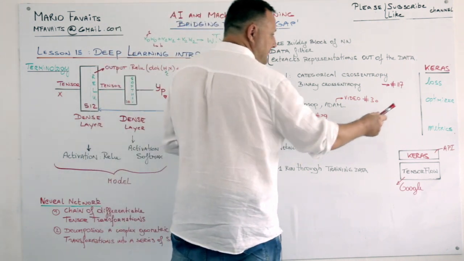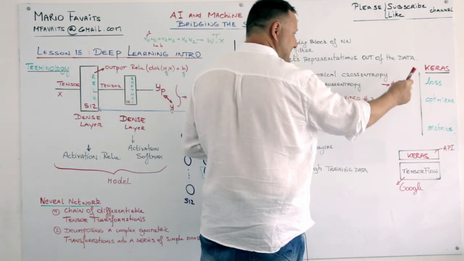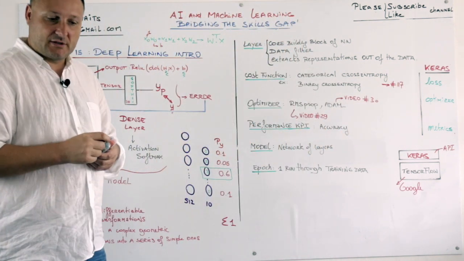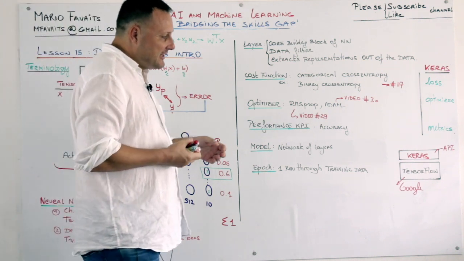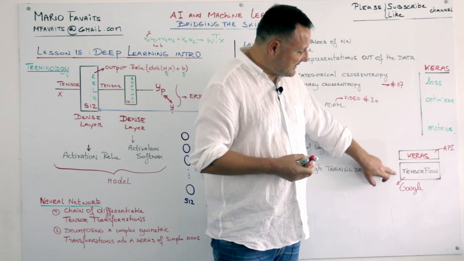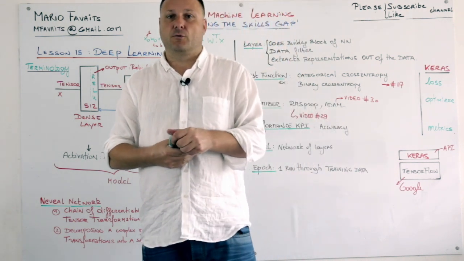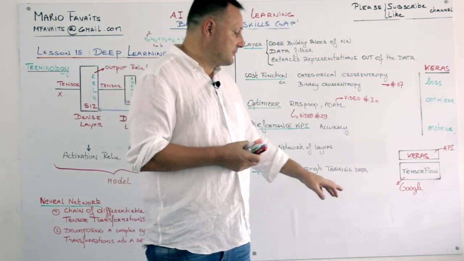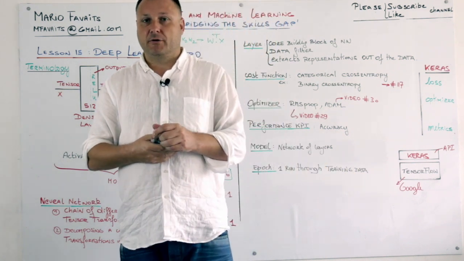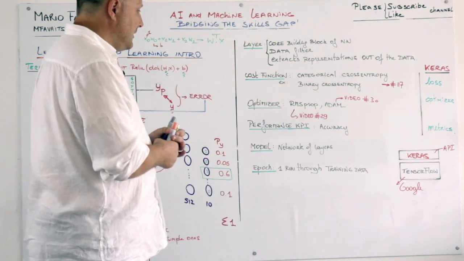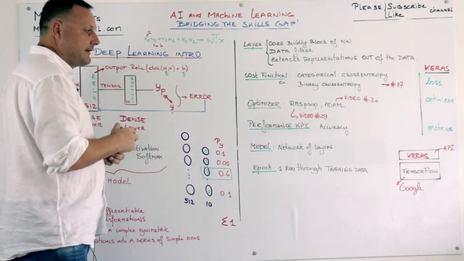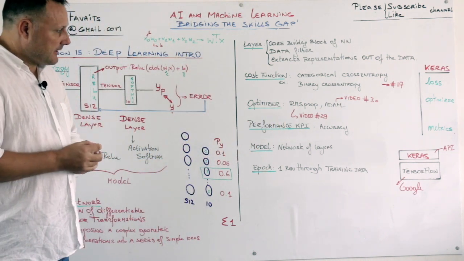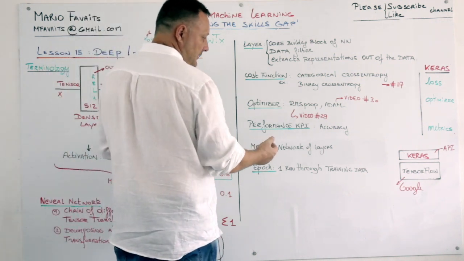In Keras, this will be called loss. Keras is the library that we will use, the deep learning library. And Keras is actually an API that lets you access TensorFlow. TensorFlow is Google's platform for deep learning. Optimizer, well, we have RMSprop, Adam. We'll use both.